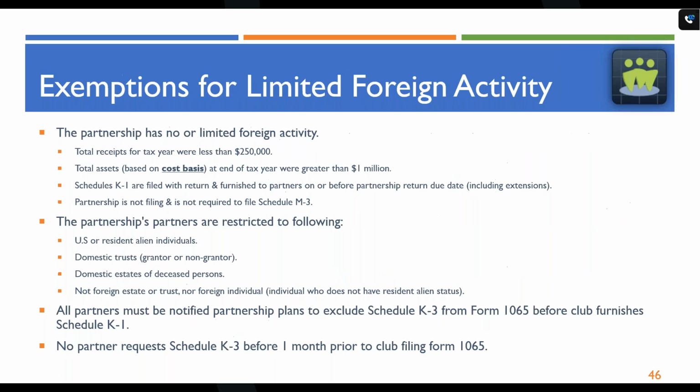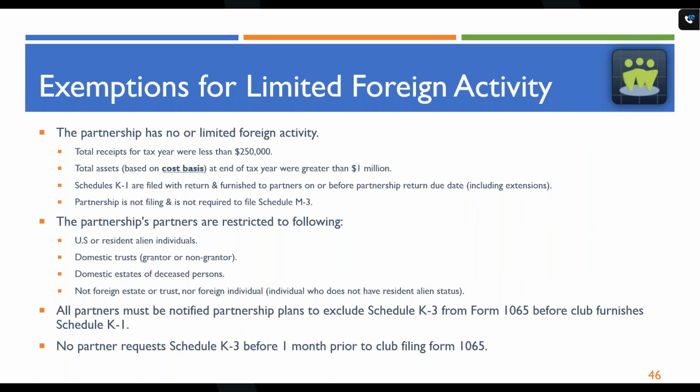Generally, that means you had less than $300 in foreign tax withheld. You also have limits on who can be a partner. They have to be a U.S. citizen or resident alien, or a domestic trust or domestic estate. No foreign estates or trusts or foreign individuals.